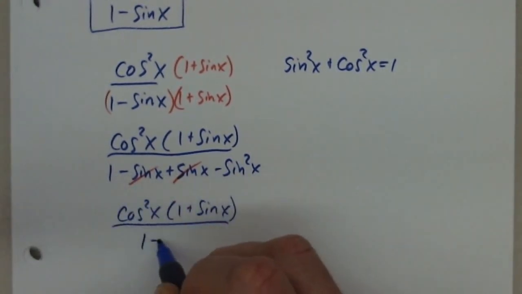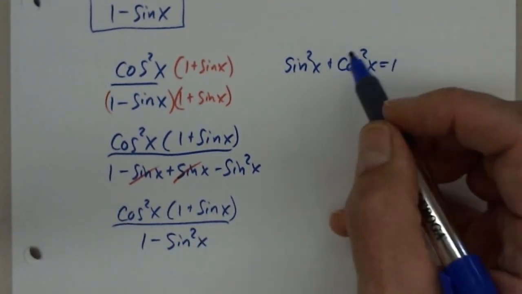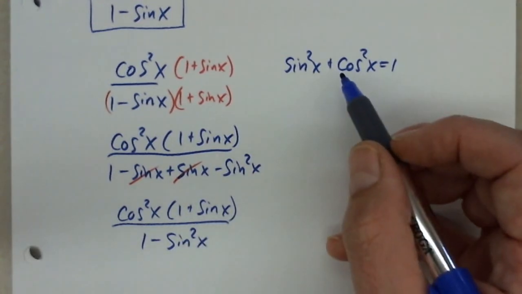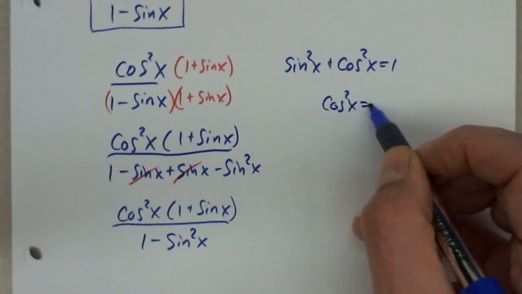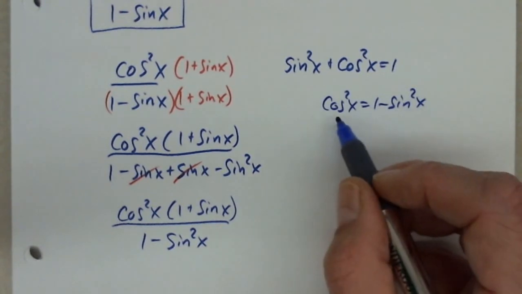One minus sine squared. And maybe that's a Pythagorean identity. So let's look, can we make this? Can this appear in this? If we just subtract sine, 1 minus sine squared. 1 minus sine squared is cosine squared.